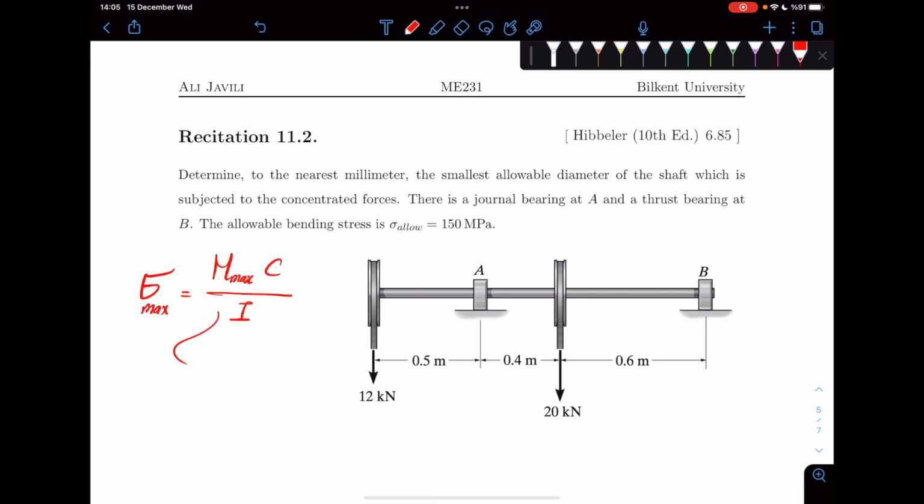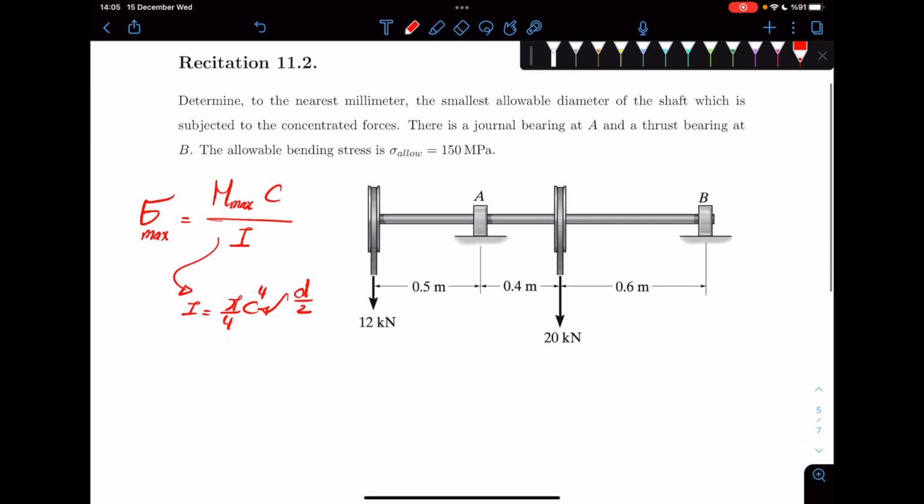I is your moment of inertia, so that would be pi over 4 C to the power 4. C itself is the diameter divided by 2, so that I is pi over 64 d to the power 4. Okay?